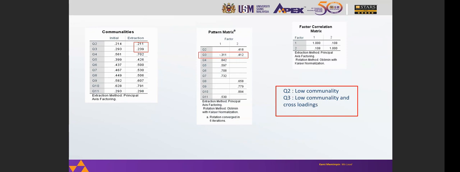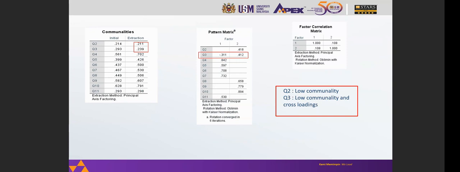Looking at the pattern matrix, Q3 cross-loads on factor 1 and factor 2: negative factor loading with factor 1, but positive factor loading with factor 2.